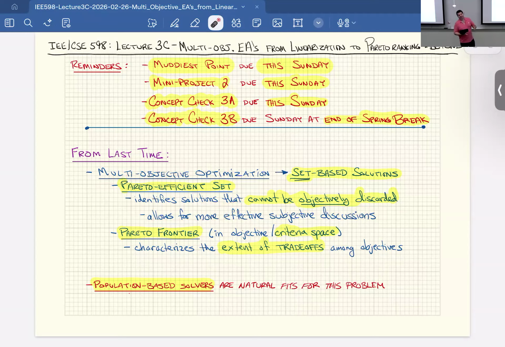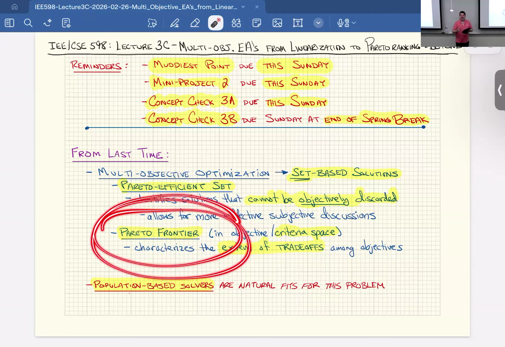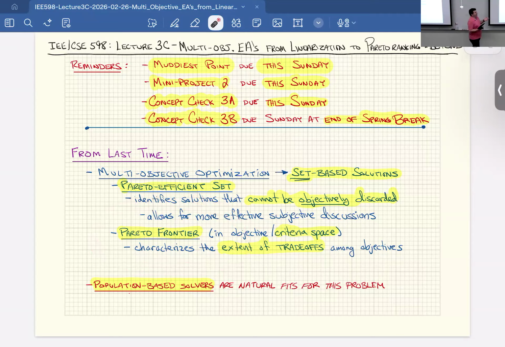And then at that point we can say, all right, this set characterizes the trade-off among these criteria. There is absolutely no way for you to improve in one objective from a point on this set without degrading your response in another objective. And so at that point, someone can look at the shape of that set, or the shape of that frontier in the objective space, and then make some decisions about, well, I actually didn't imagine that there would be this weak of a trade-off.